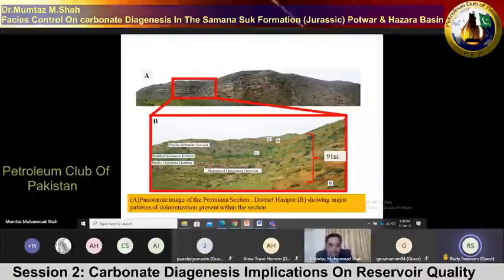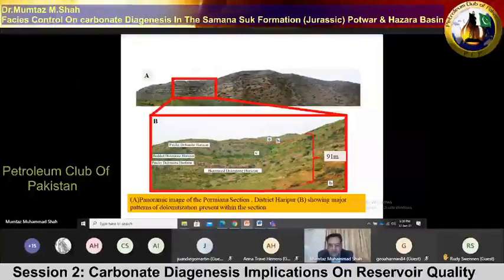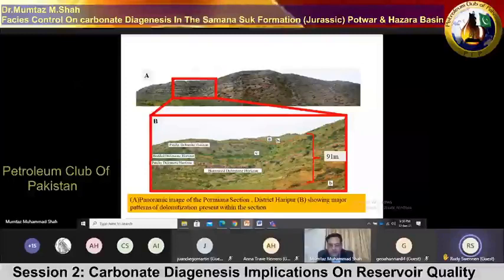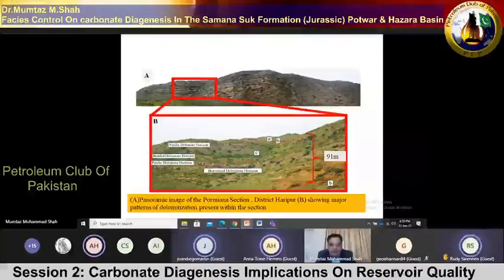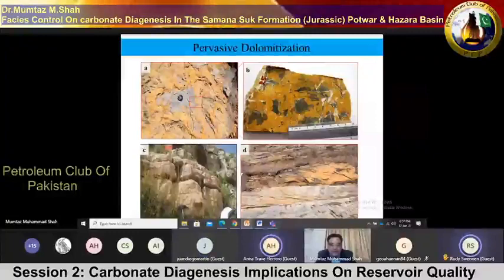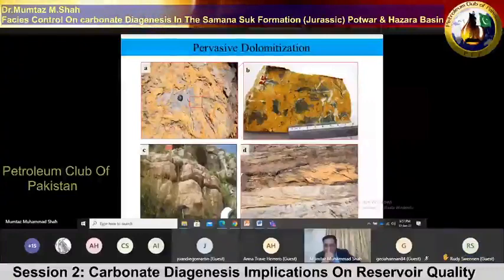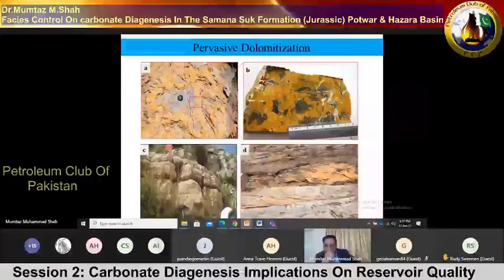No, it stays on fracturing. Let me go back and then share it again. It's still fracturing and brecciation. Yeah, pervasive dolomitization now. Okay, I will be a bit slow to go further.